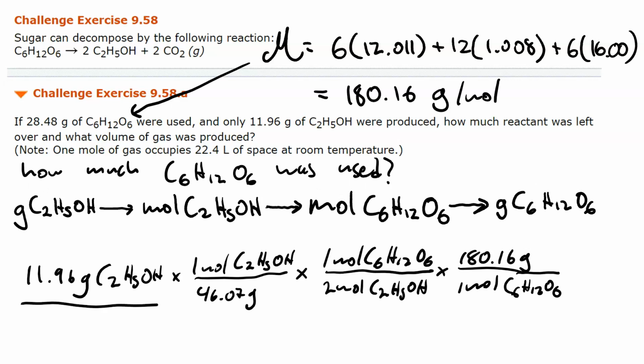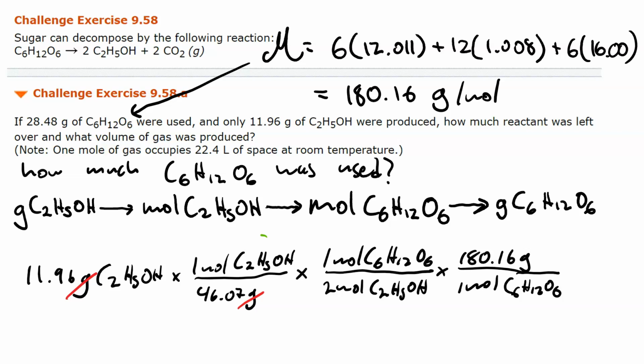Now we're ready to set up our calculation. Starting with the given 11.96 grams of ethanol, I first use the molar mass of ethanol to convert grams of C2H5OH to moles of C2H5OH, so grams cancels. I then use the mole ratio.